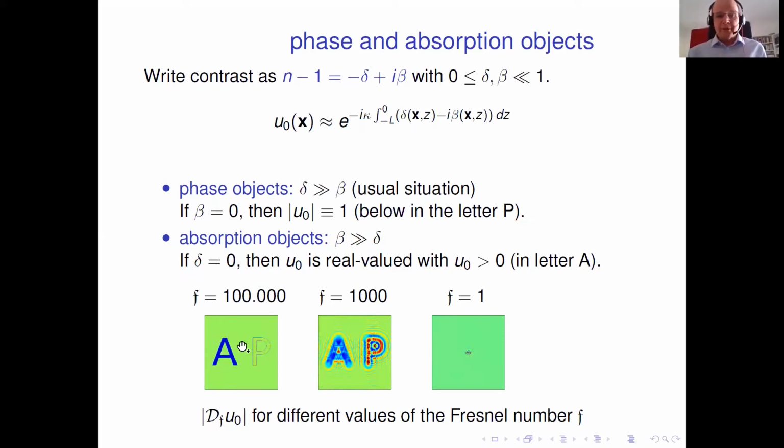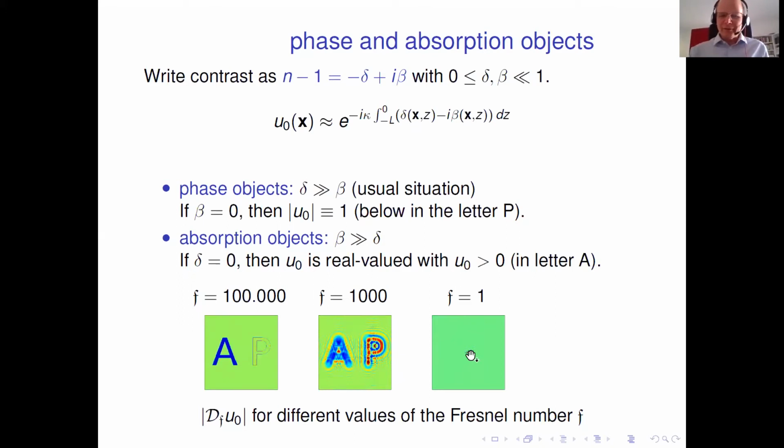If we move a little bit away, we can still see this absorption object very clearly, and then we can see edges of the phase object. If we move further away, so make the Fresnel number smaller, then everything gets a bit blurry.